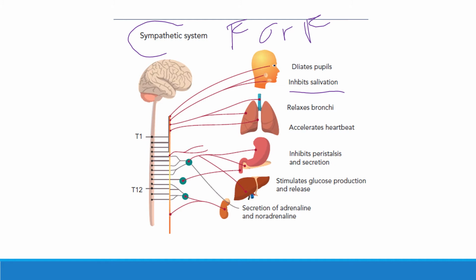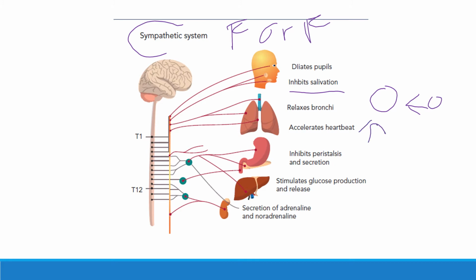Your bronchi will relax, which means you're going to have bronchodilation, right? So you're going to go from a relaxed or a smaller lumen to a larger lumen, so that will allow for you to get air in and out of your system a lot faster. So you can exchange gas, not tire out as easily, right? So the bronchi will relax and dilate, they'll open up. The heart rate will increase, right?